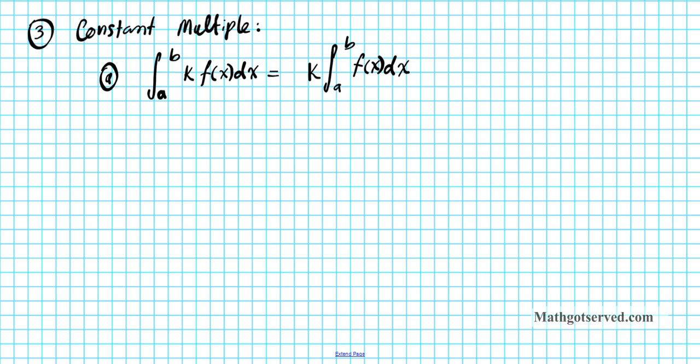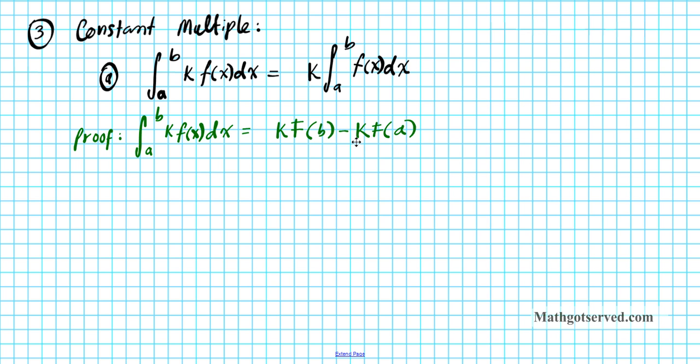Now let's prove that this is correct using FTC part 1 proof. Let's start from the left side, the definite integral from a to b of k times f of x dx. If I apply FTC part 1 here, I'm going to have the constant k times the antiderivative of f evaluated at the upper limit minus the constant k times the antiderivative of f evaluated at the lower limit.